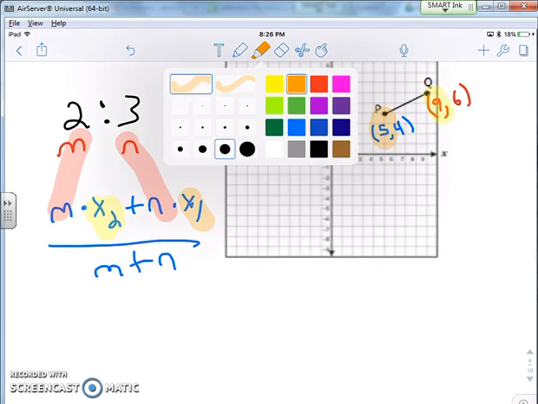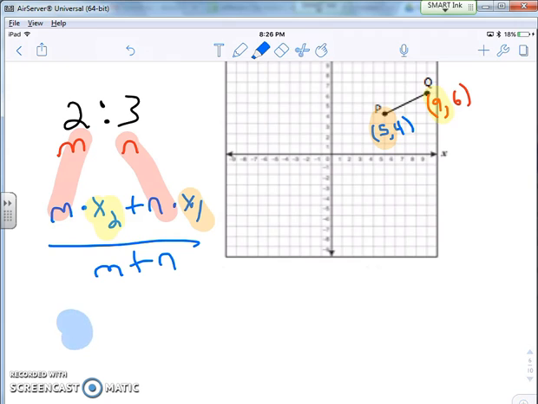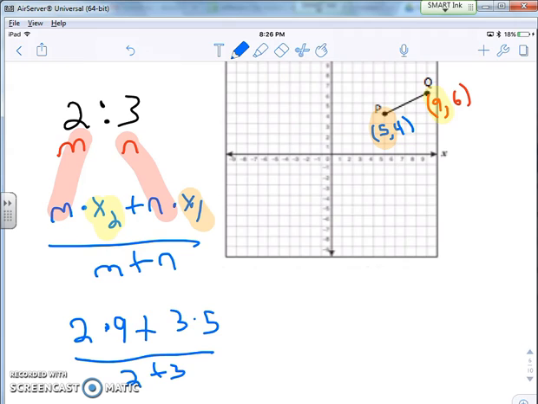So let's try it. 2 times 9 plus 3 times 5 over 2 plus 3.